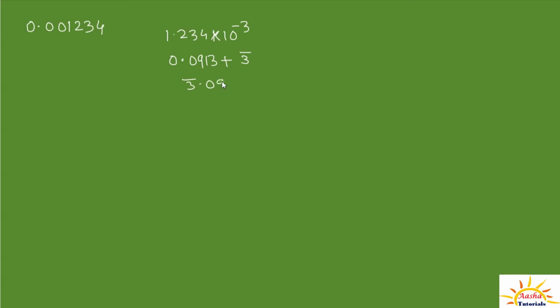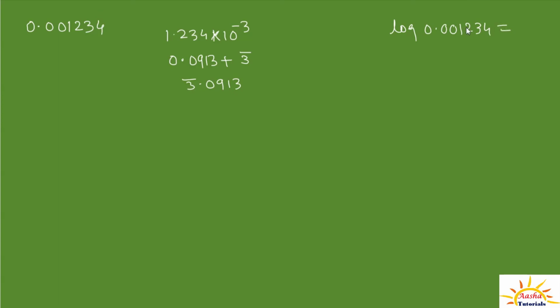This is minus 3. So the log of 1.234 is again 0.0913, and to that I have to add bar 3. So finally I'll get this answer as bar 3.0913.